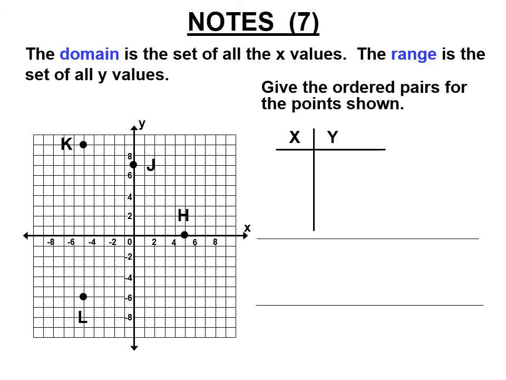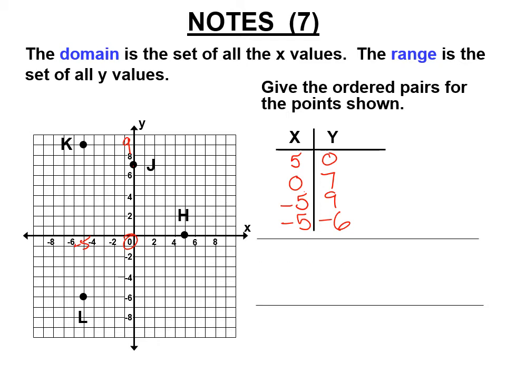H is at x coordinate 5, y coordinate 0. I skip I typically in math because it looks like 1. Then J is x is 0, y is 7. K is -5, 9. And L is -5, -6. That's a way we could record points instead of the traditional ordered pairs with parentheses.